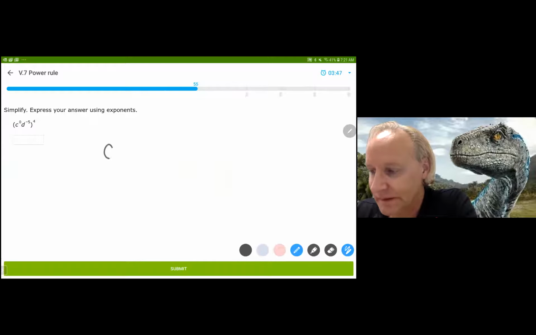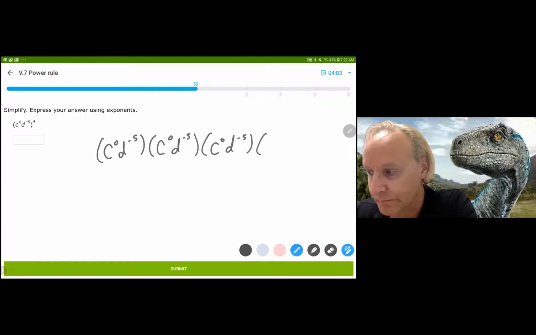this is c to the 0, d to the -5, and we're going to multiply that times itself 4 times. C to the 0, d to the -5. C to the 0, d to the -5, and one more time.